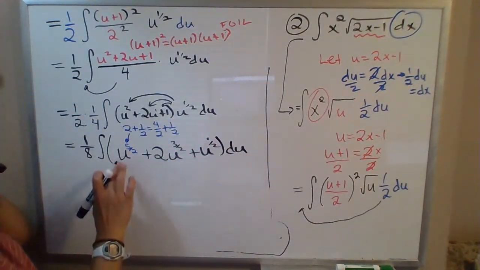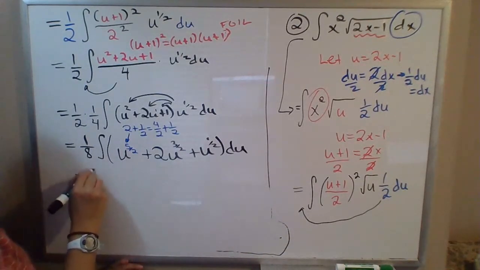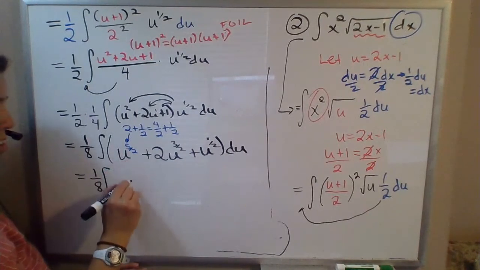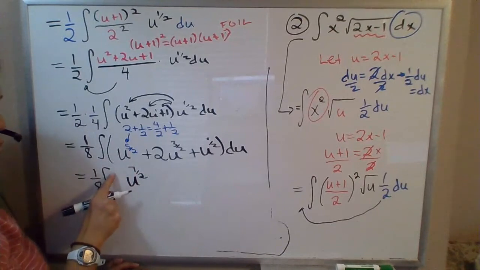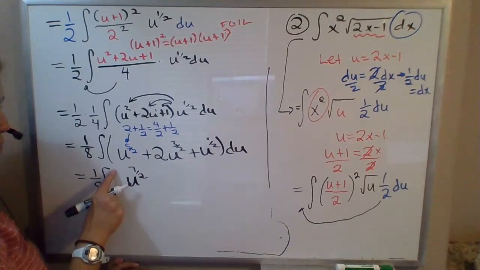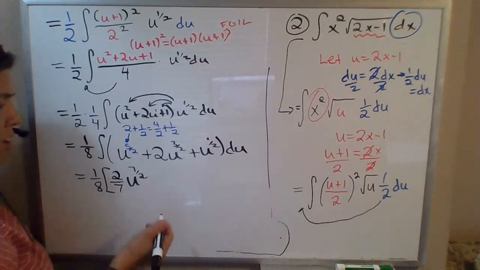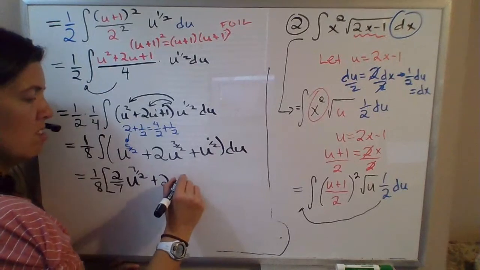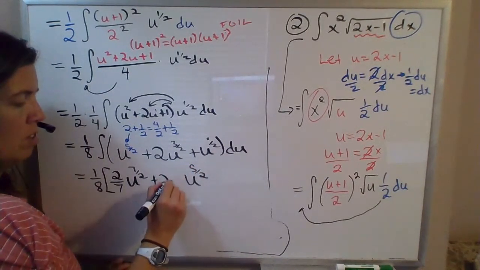Now we can apply power rule across this thing to get the antiderivative. So this is 1/8. Add 1 to this exponent, you get 7 over 2. 1 over 7 over 2 in front of it. Well, 1 over a fraction doesn't look real nice. Let's go ahead and change it to the reciprocal, 2/7. Plus 2 times, add 1 to this exponent, you get 5 over 2.